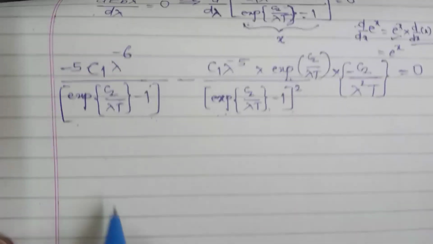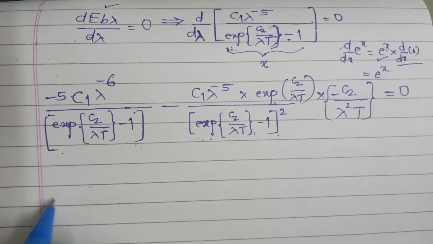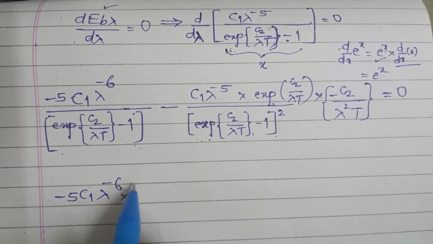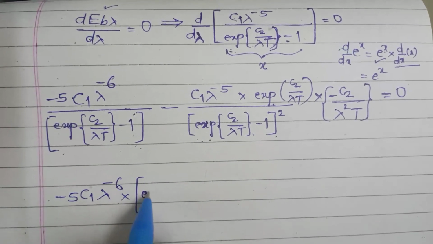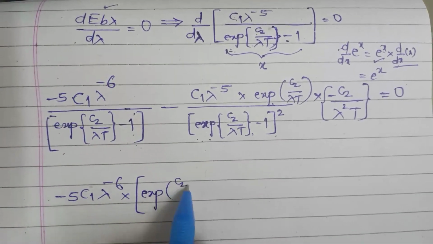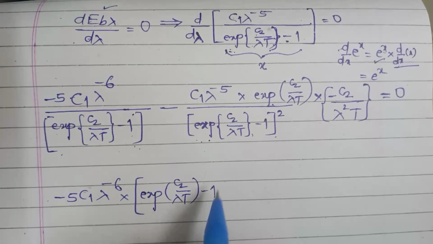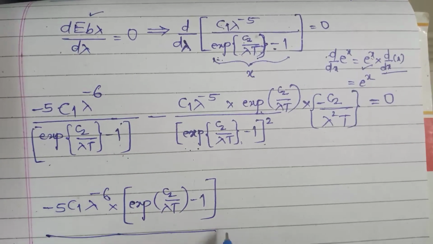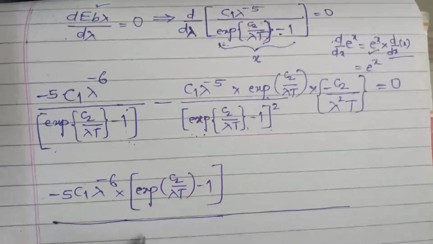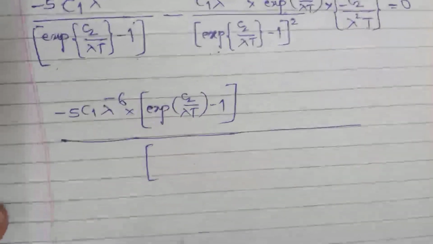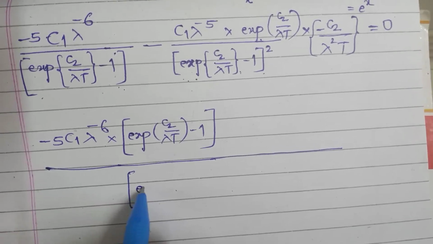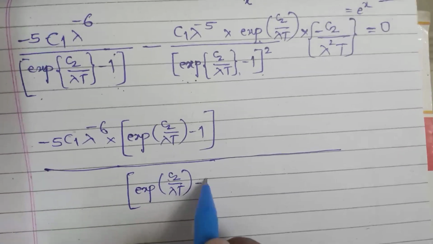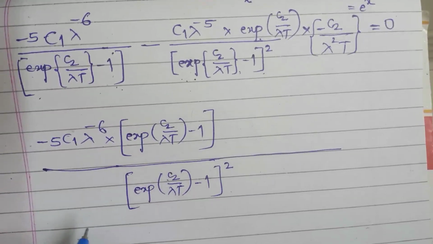So when we multiply and divide, we get minus c1 lambda raised to minus 6 multiplied by exponential of c2 by lambda t minus 1. And the denominator has now become common, so I will simply write it only once. So the denominator will be exponential of c2 by lambda t minus 1 bracket squared.